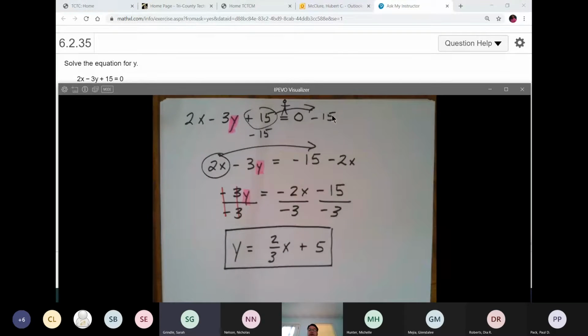Now, what do you notice about the way I did that? Step by step. I didn't try to do it in 2 lines on your notebook paper. Any questions on that one?